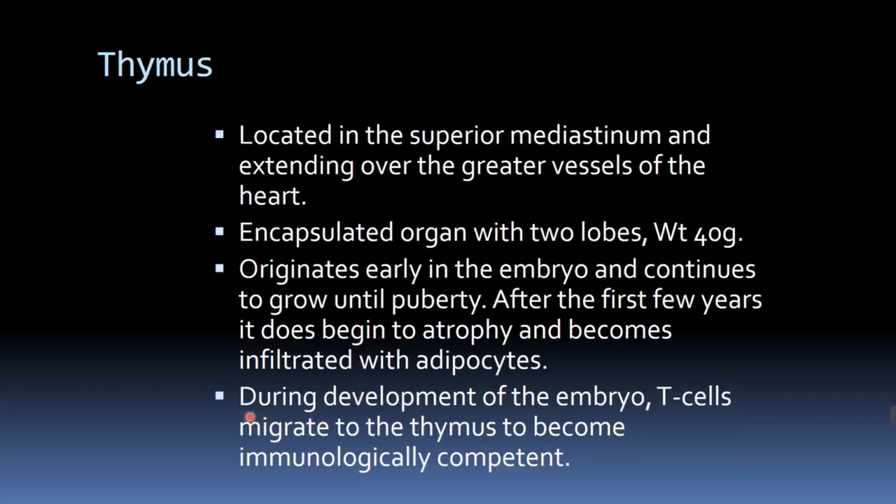During development of the embryo, T cells, we call them thymocytes, migrate to the thymus, and this is where they become what we call immunologically competent. They get educated to deal with self versus non-self. And we'll go into a little bit of detail about how that happens.